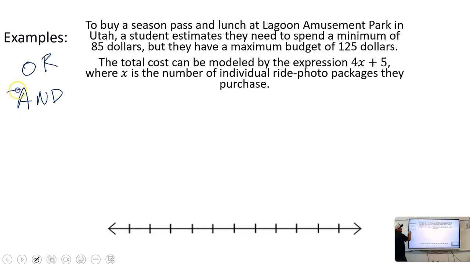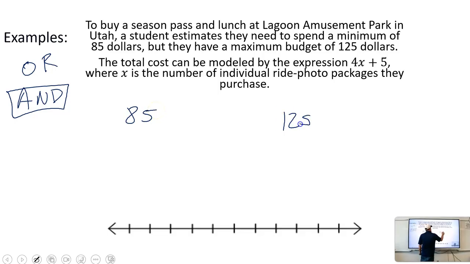Okay, this one is going to be an and inequality statement because it's between a minimum of 85 and a maximum of 125. So the minimum is 85. The maximum is 125. So since it's a minimum, is that going to be inclusive?